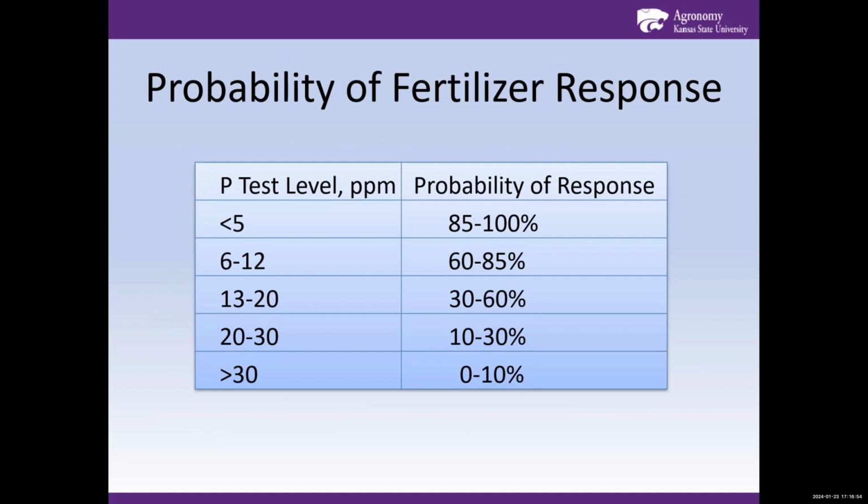Knowing what those levels are for the crops matters too; there's a big difference between wheat and corn. That's something to look at if you're in a corn, wheat, sorghum rotation. Corn and sorghum might have more similar response levels, but wheat's going to be totally different. So keep that in mind with your fertility plans.